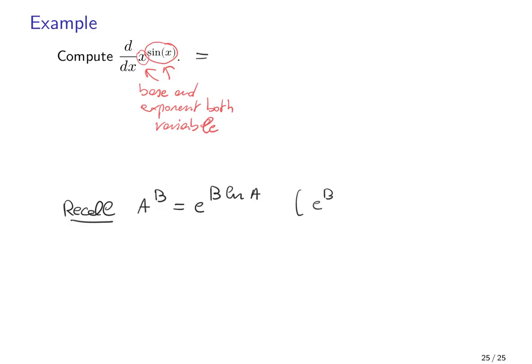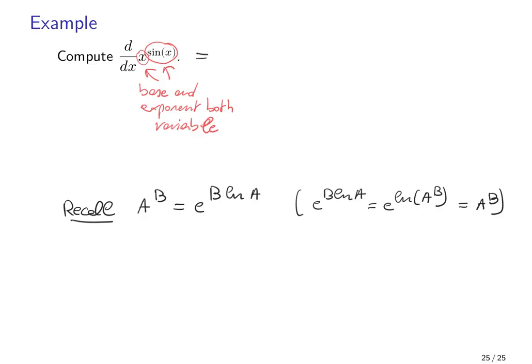E to the power b times logarithm of a: you can take the b and put it back in the logarithm. You get e to the power logarithm of a to the b. And e to the power logarithm of something, those two are each other's inverse functions, and you end up with just a to the b.